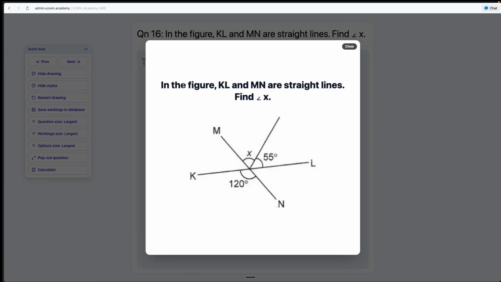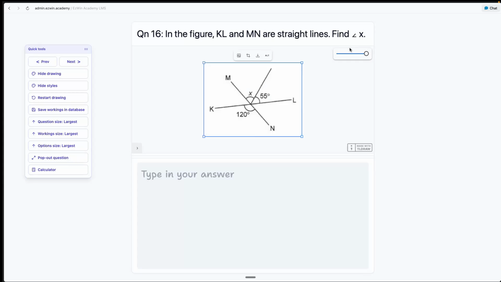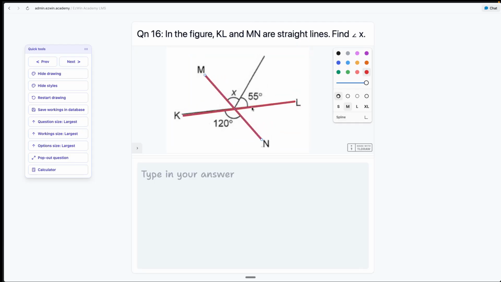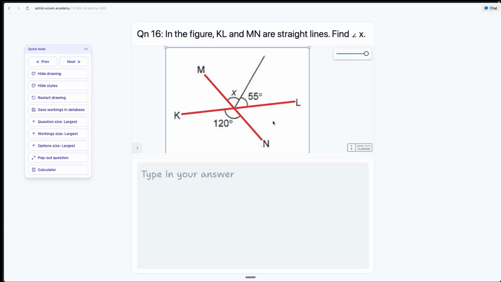So question 16, in the figure, KL and MN are straight lines. Find angle X. So if I were to quickly draw a line, KL and MN are straight lines. At the same time, we also know that vertically opposite angles are the same, right?